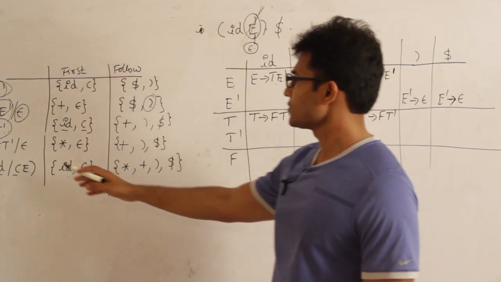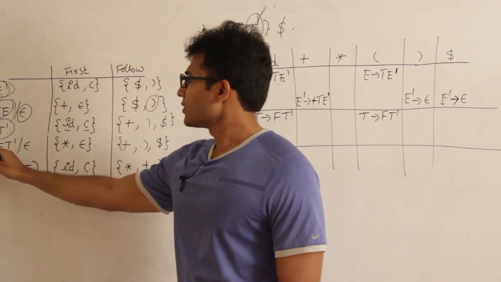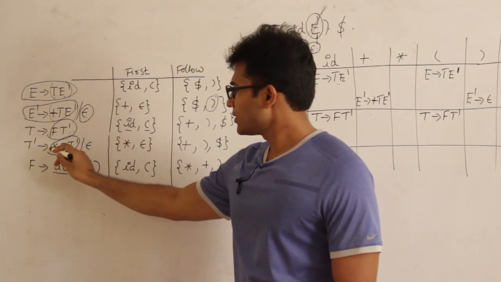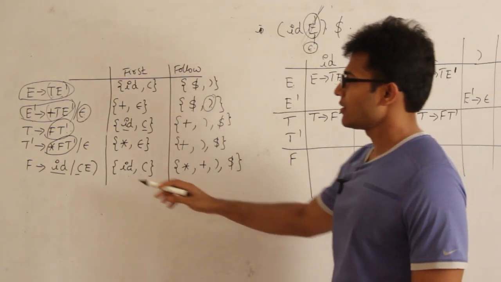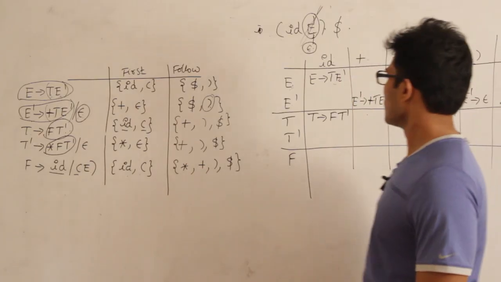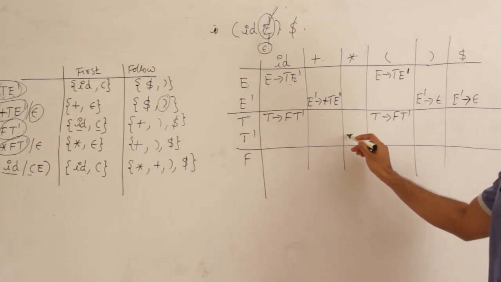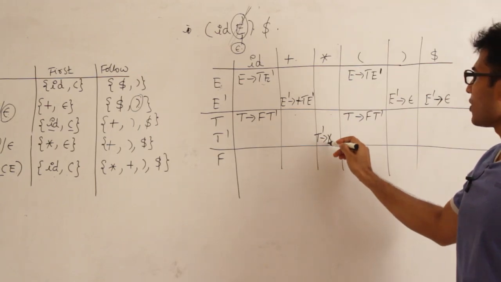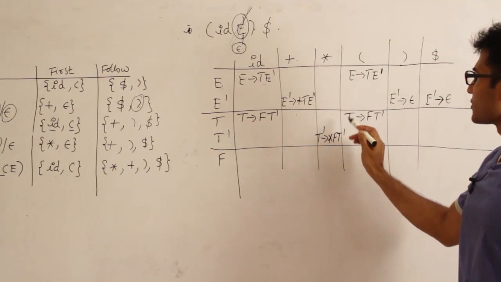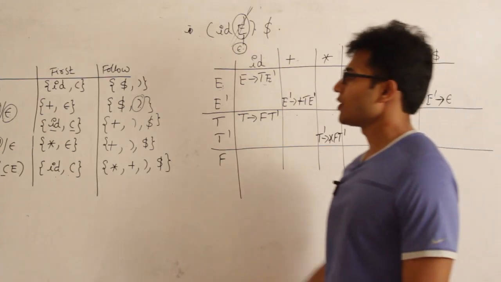Next, what about this one? Where are you going to place this one? Under T dash row because left hand side is T dash, and under the column star, which means I am going to place it as T dash derives star F T dash here. And what about this one?